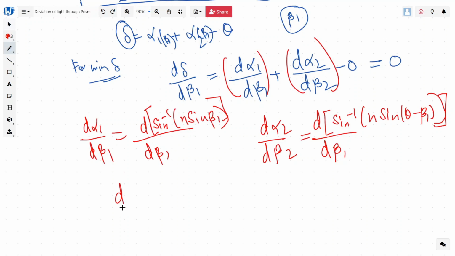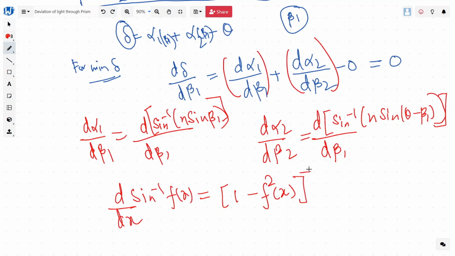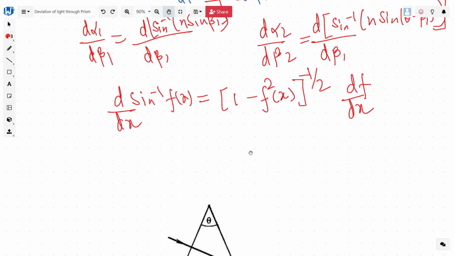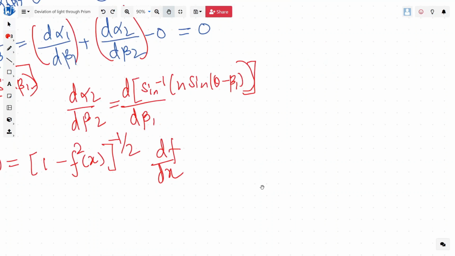The derivative of a sine inverse function of f(x) is 1 minus f squared of x, to the power minus 1 by 2, multiplied by df by dx. Maths is not important here, it is just about the concept, so do not worry much about that.